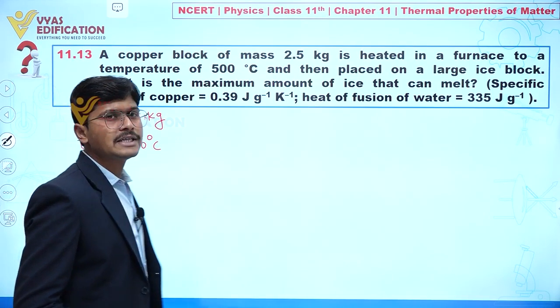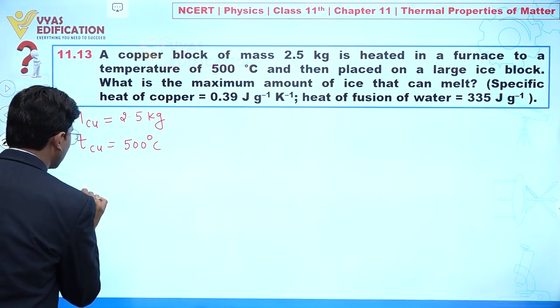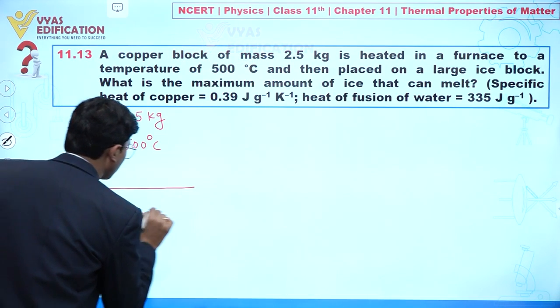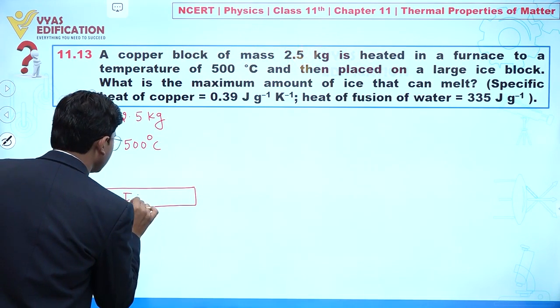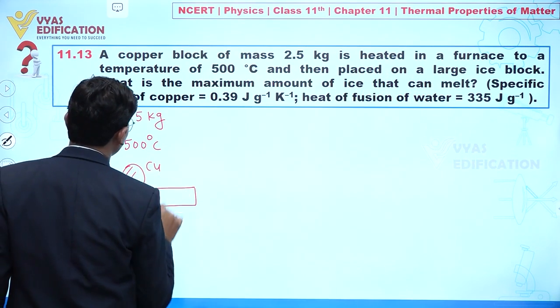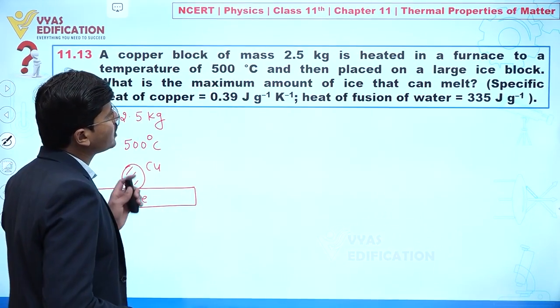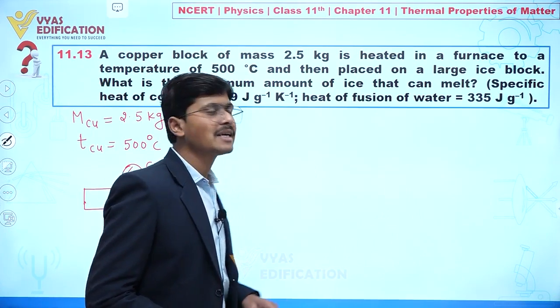Then it is placed on a large ice block. So let's suppose now we are placing this copper block on a large ice block. This is ice, and let's suppose this is the copper ball. Our objective in this question is to find the maximum amount of ice that can be melted.